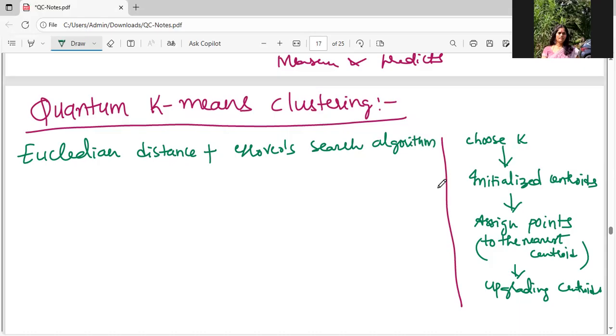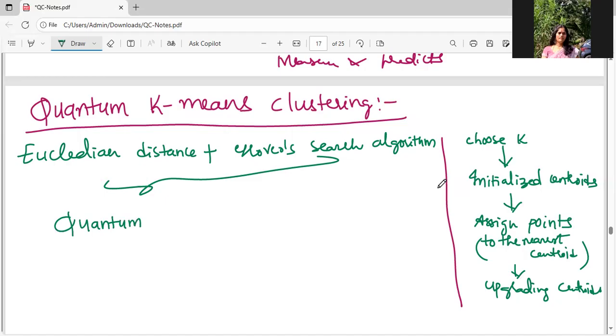I made a video on Grover's search as well. If you want to know what it is, kindly go through it. Euclidean distance calculation routine along with Grover's search algorithm routine is used for the quantum implementation of k-means.